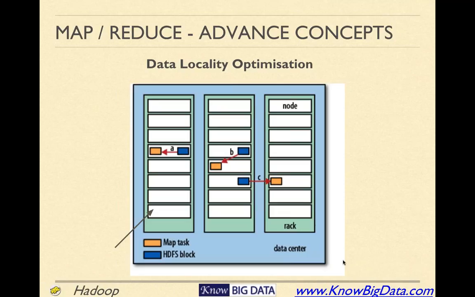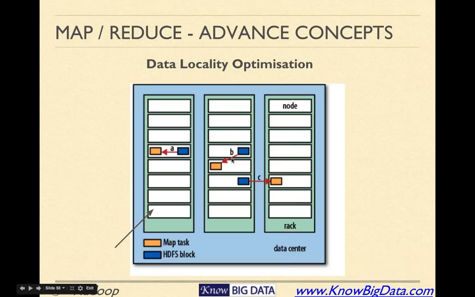Now, if you look here, the green colored one is the map task, and I'm not sure if it's green or red, I'm a little colorblind. So an HDFS block is the blue one. The best case scenario is when the data and the map task exist on the same node. A little worse is when the nodes are different but on the same rack. The data and the logic are on the same rack.